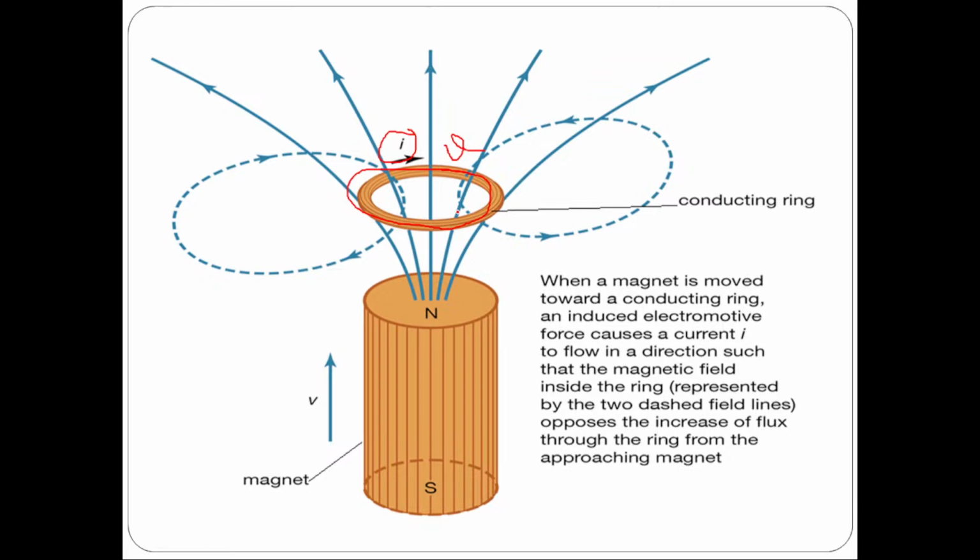What is the actual flux line direction coming from this magnet? It is this. The flux that is induced in this coil conductor is in this form, and the actual flux direction is in this form. Both are in opposition to each other.